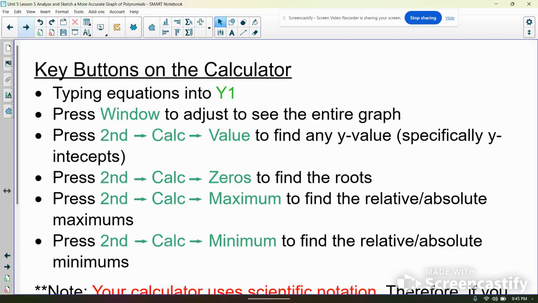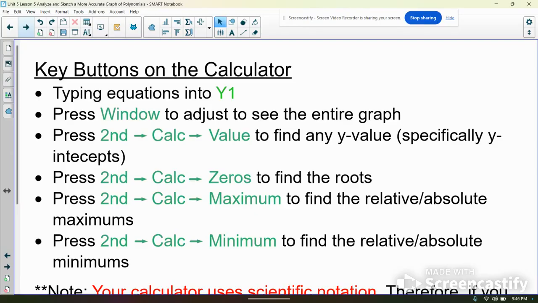So some key buttons on your calculator that we discussed back when we were talking about finding these features on your parabola. First, you need to make sure you type your equation into the y equals button. Typically, we type that into the Y1. Press window to adjust your dimensions so that you are able to see the entire graph. Your second calc menu is very important.